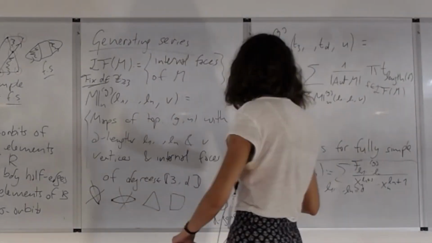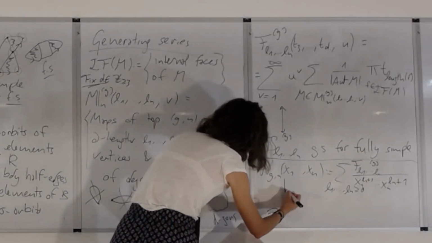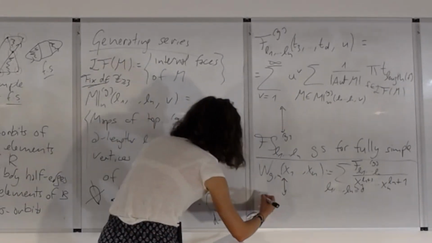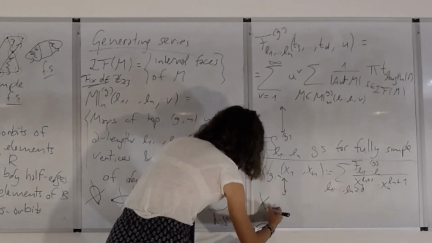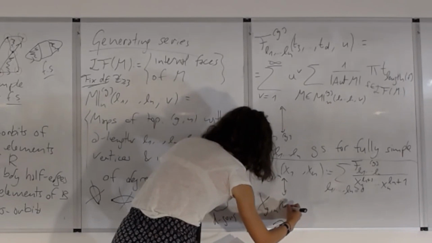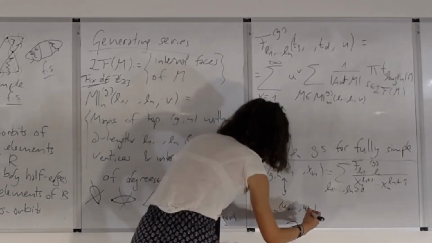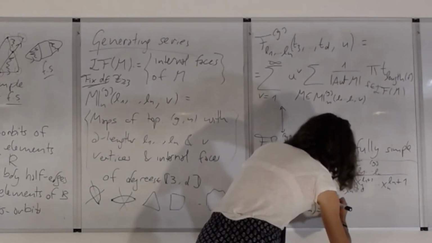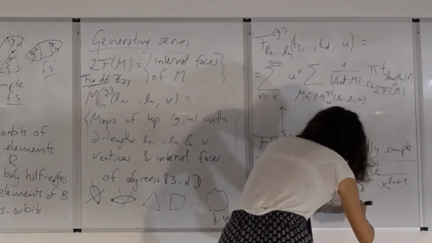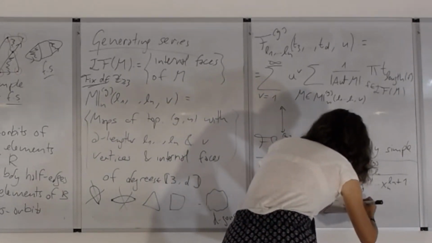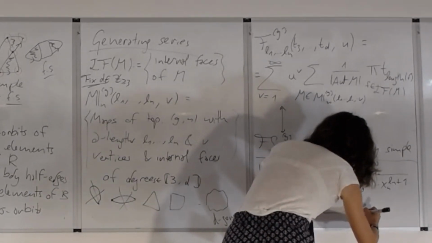And then there is the analogous object for fully simple maps that we call W. We take some variables w. And this one I need to write down a little bit, because it's fully simple, as you can imagine.